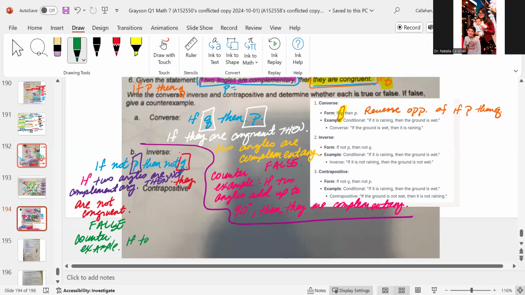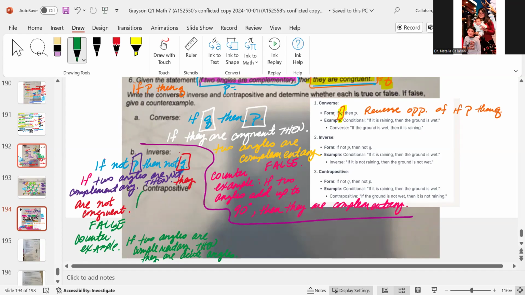You can say if two angles are complementary, then they aren't obtuse angles. Now, it has to be true because they have to be acute, right? Because acute is less than 90, and complementary means they add up to 90. So they can't be obtuse because if one angle is 100, that's already not acute. Does that make sense? So that could be your counterexample.